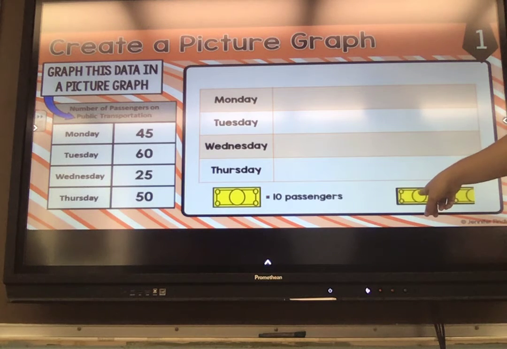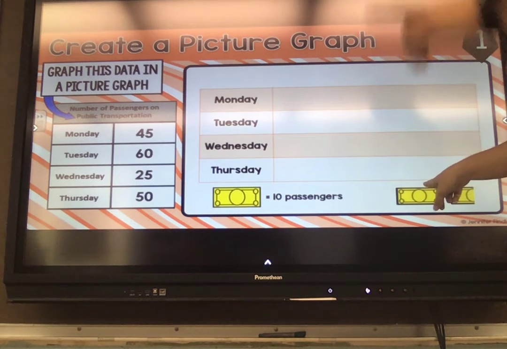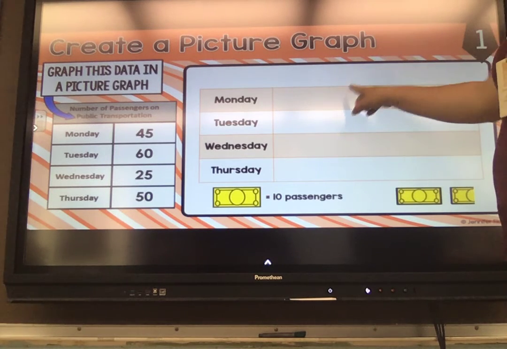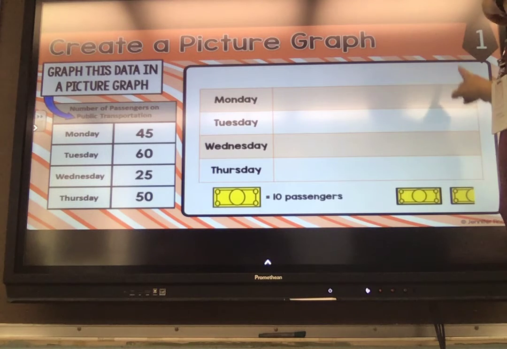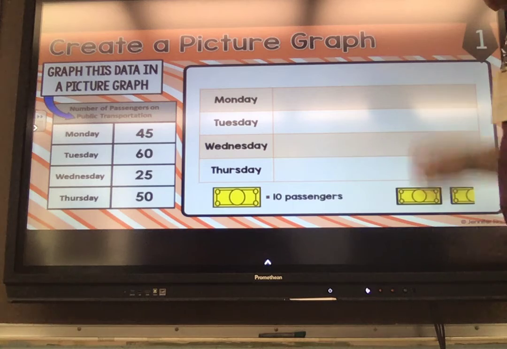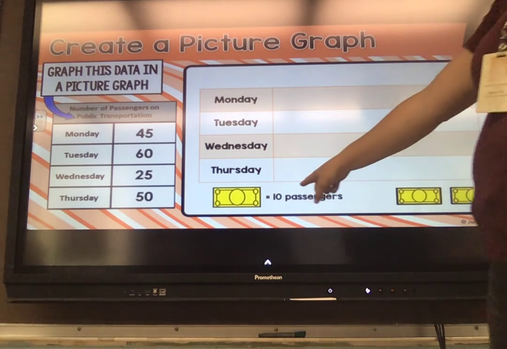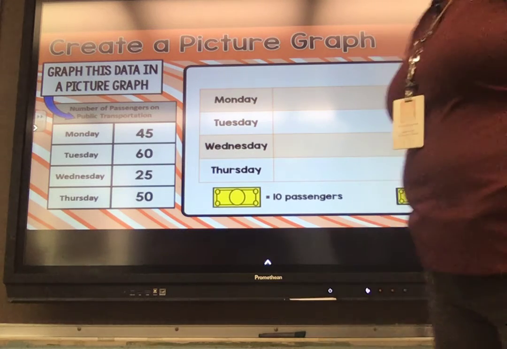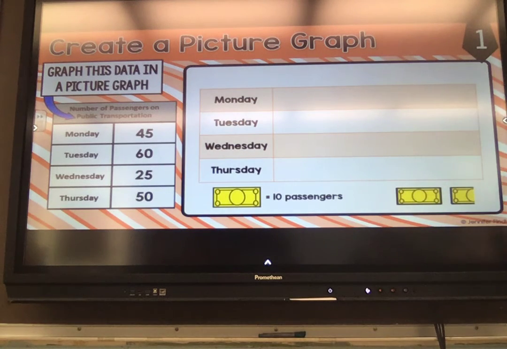I'm going to pick up 4 of these. And then to get 45, half of 10 is 5. So I only need 1 half. So it'll be 4 whole pictures and then a half picture. 10, 20, 30, 40, and then half would make 45. So you're counting your pictures by tens. And on Monday and Wednesday, you're going to have to use a half of a picture because you need that 5.